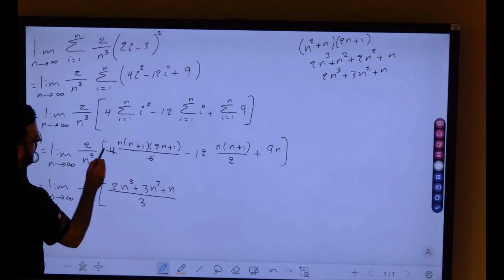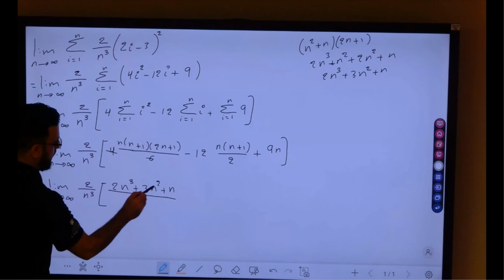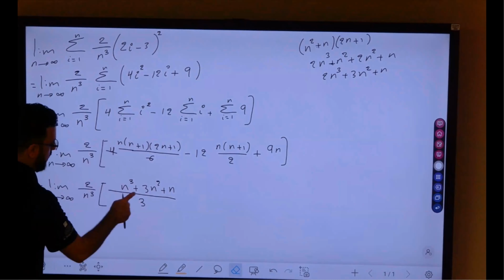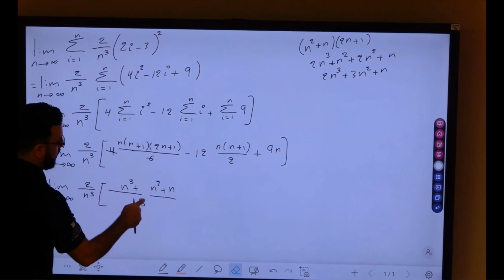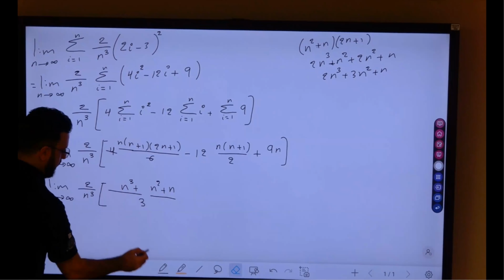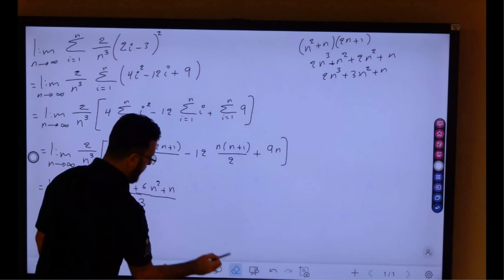Okay, you're right, there's 2 here, so it's going to be 4n cubed, 6n squared, and 2n.